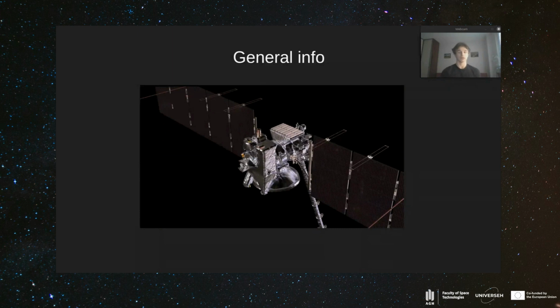At launch, the spacecraft weight was 6,000 kilograms. Its dry mass was 3,250 kilograms. So dry mass is the mass of the spacecraft without the propellant, so without the fuel. The fuel of Europa spacecraft at the launch was almost half of the total weight.